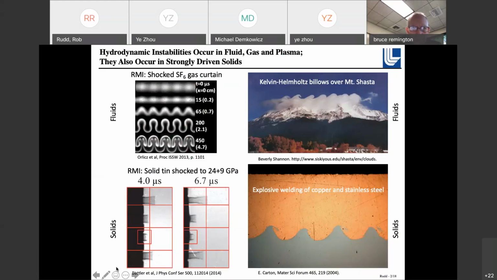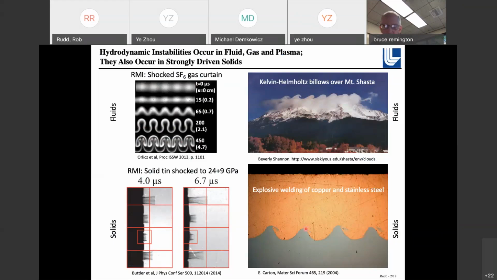So, for example, with Richtmyer-Meshkov instability, there are these beautiful structures that form in fluids. If you look at solids, such as this double shock tin, again, you get these very dramatic instabilities developing at the interface. For fluids in shear, you get the Kelvin-Helmholtz billows forming, such as these roll-ups that are seen over Mount Shasta.